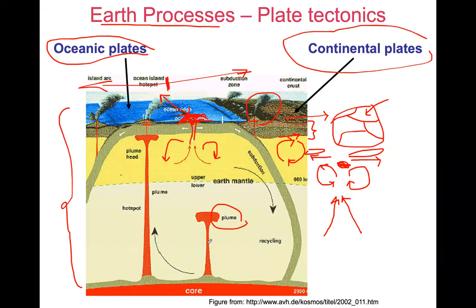For this type of magma flow, it takes about 400 million years to come up to this level. So once in 400 million years, this core-mantle boundary magma comes up as a mantle plume, right?